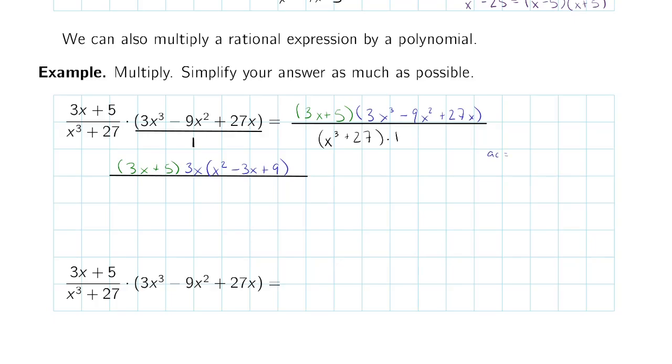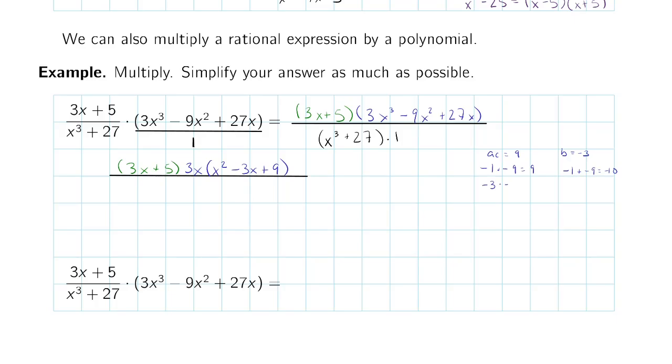Our AC is 9, our B is negative 3. So we're looking for a pair of negative numbers that multiply to give us 9. Negative 1 times negative 9 is 9, but negative 1 plus negative 9 is negative 10, not negative 3.